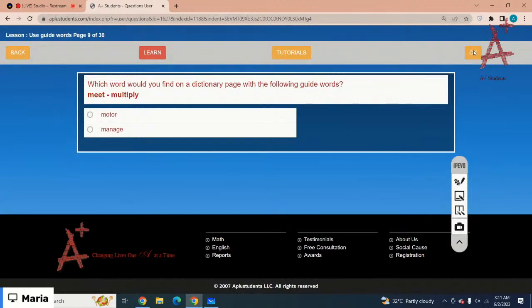Manage, the second letter is A. A is before E. Got it? So it would be motor. O is in between E and U. It is motor, not multiply, not manage. Motor it is.